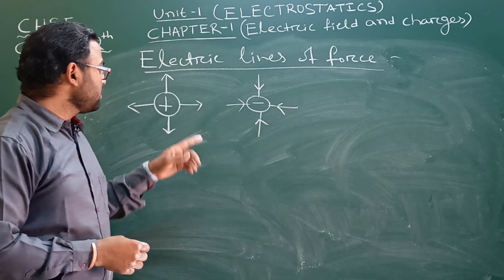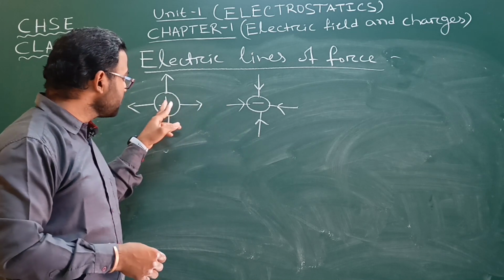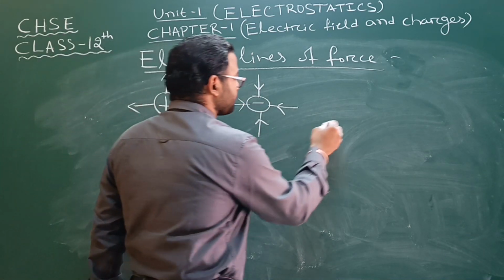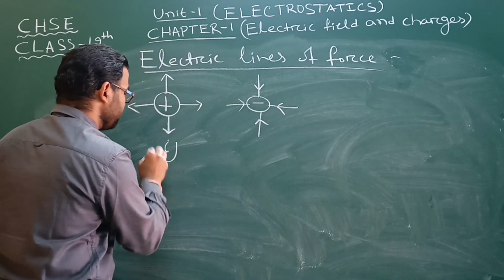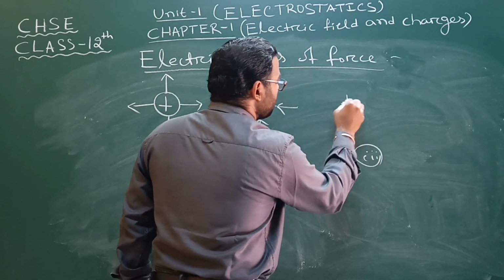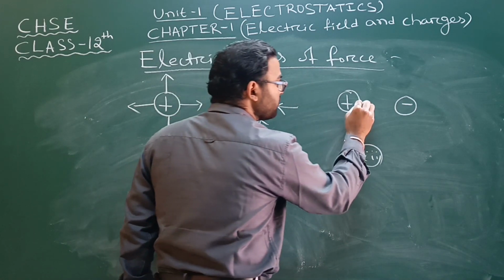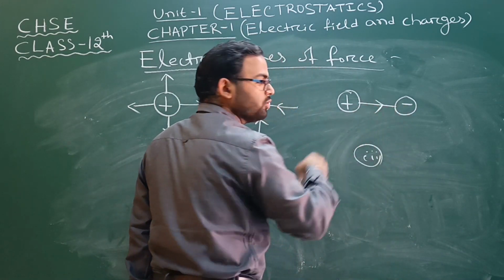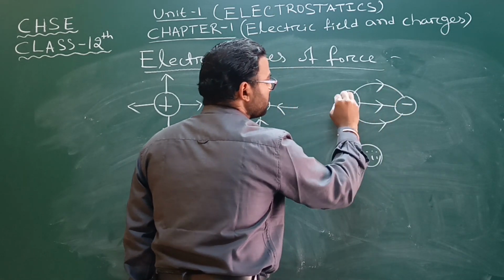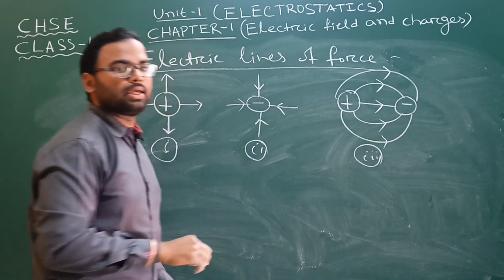We know that lines of force travel from positive to negative, because positive is outward and negative is inward. So this is the first diagram. Second, for a positive and negative charge, electric lines of force will be from positive to negative. So the diagram will be like this.